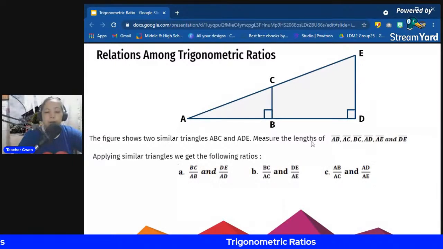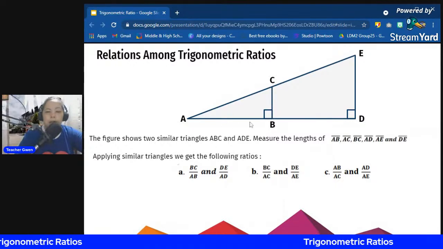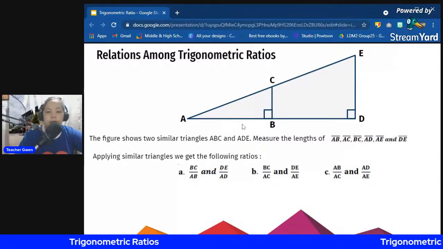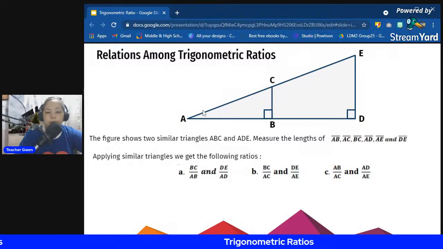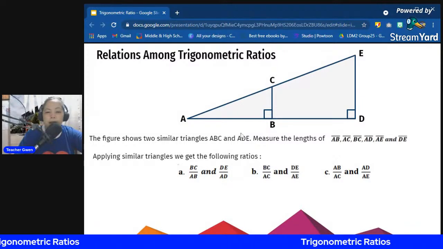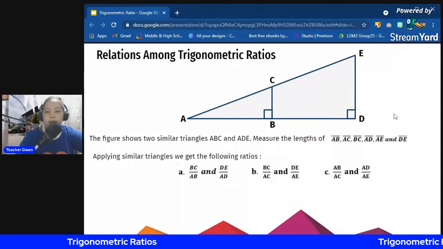So we have here BC over AB. Okay, so the height and the adjacent. On the other side, the height is also DE over AD. Then we have BC over AC is equal to DE over AE.